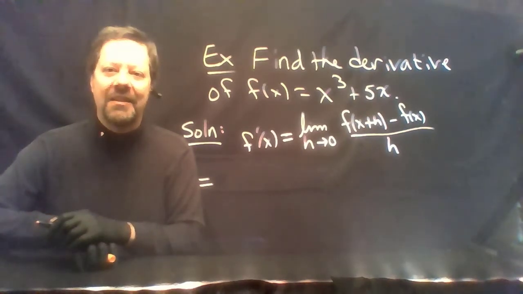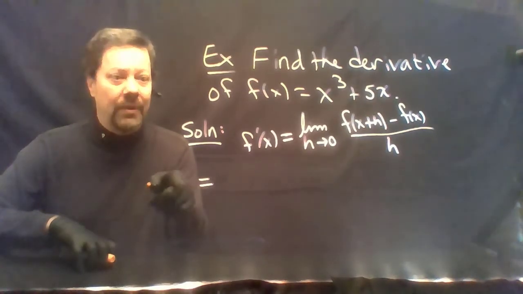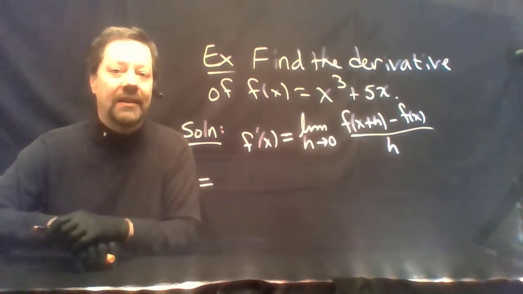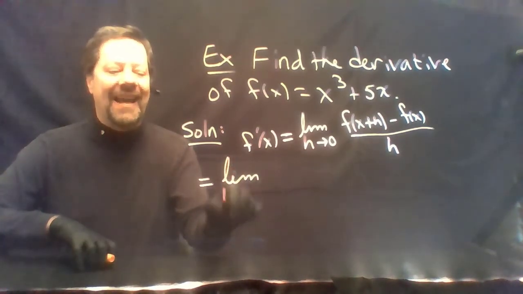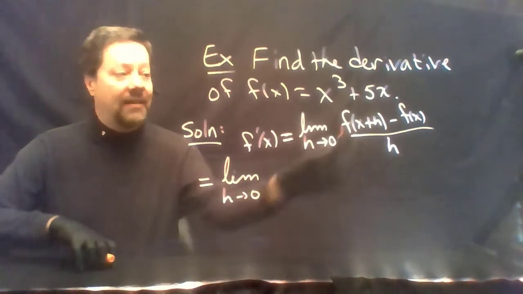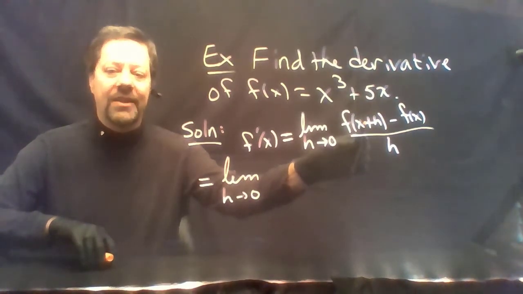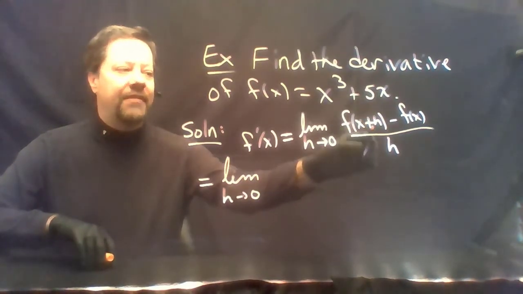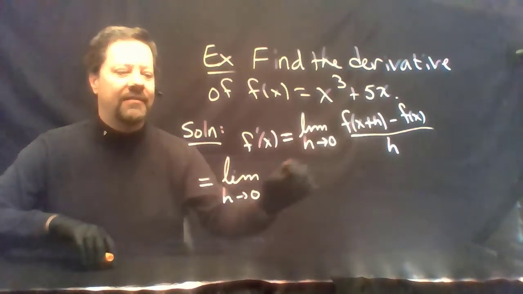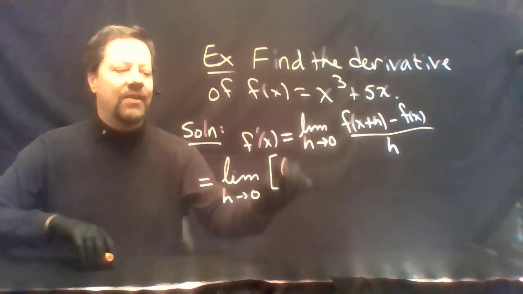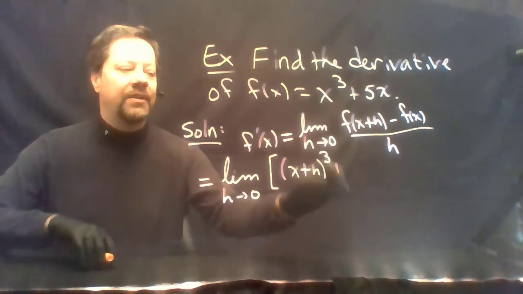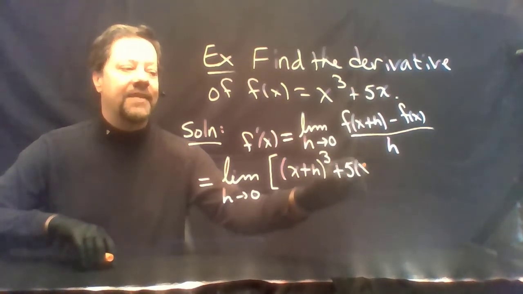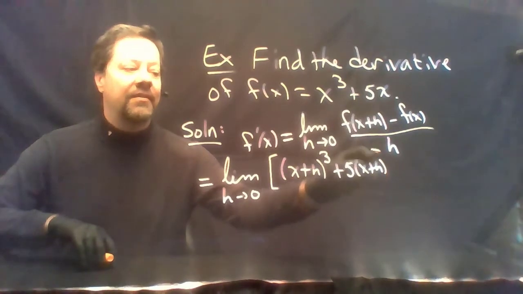On the next line, I'm going to begin with equals because I'm asserting equality with what is above. I'm not doing anything actively with the limit yet. I need to work with the function evaluation. So what is f of x plus h? That's going to be x plus h cubed plus 5 times x plus h.